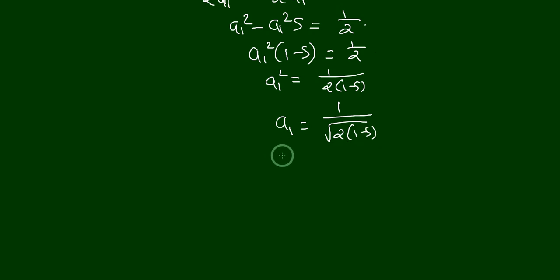Therefore, obviously A2 is equal to minus A1, that is minus 1 divided by root of 2 into 1 minus S.